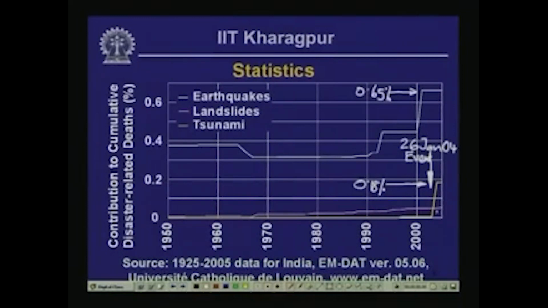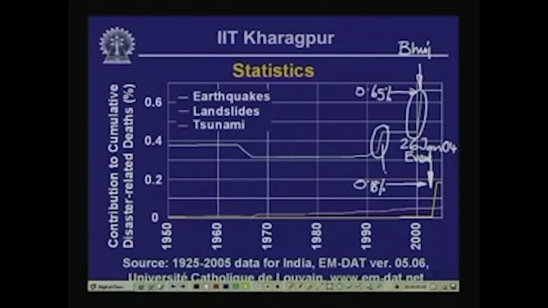Okay, and you can similarly see that there are some jumps in the relative contribution of the earthquake related deaths, and this jump here is because of the recent earthquake that occurred near the city of Bhuj in Gujarat.